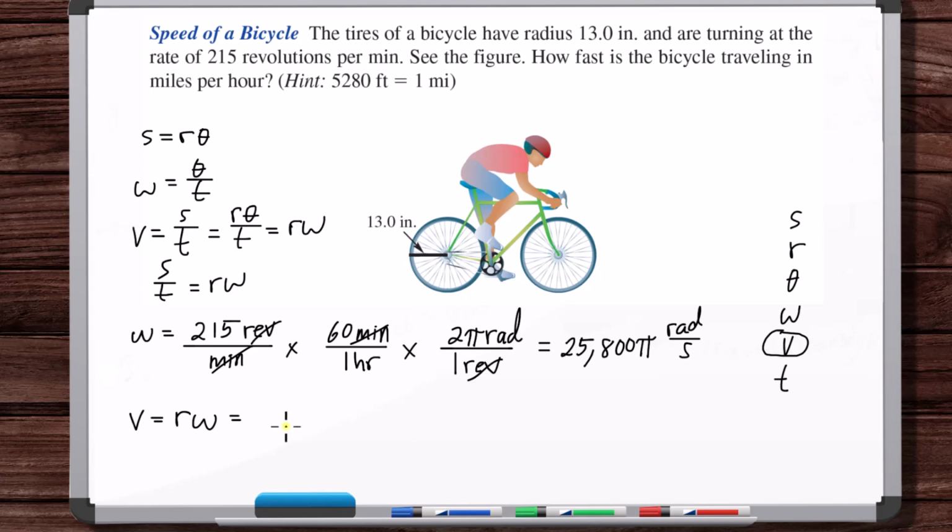So r is 13 inches. Omega is 25,800 pi, and radians is unitless.